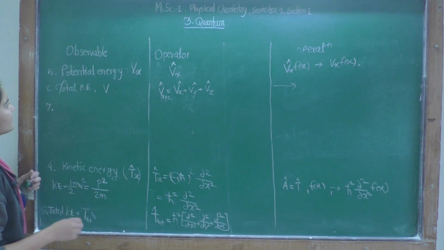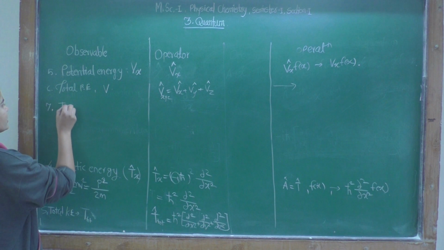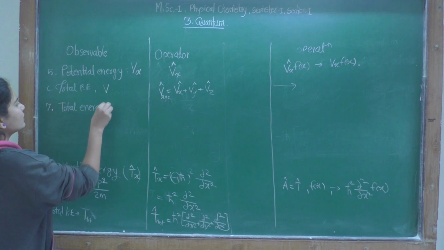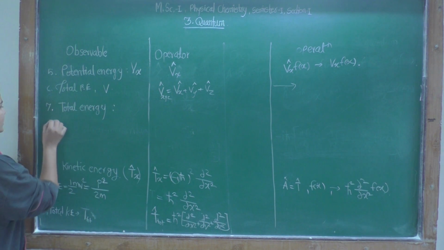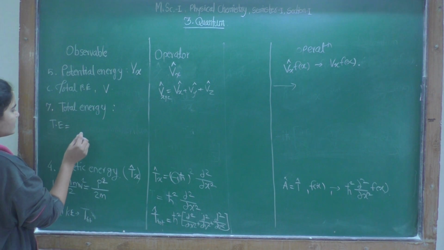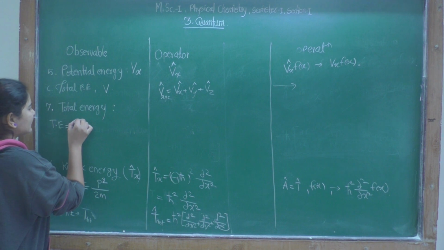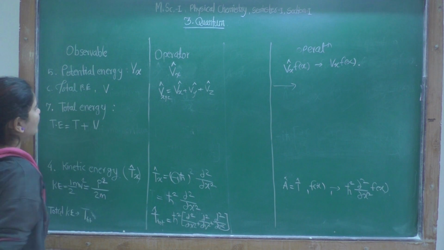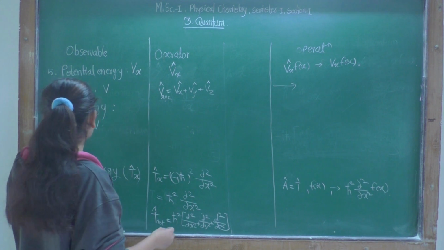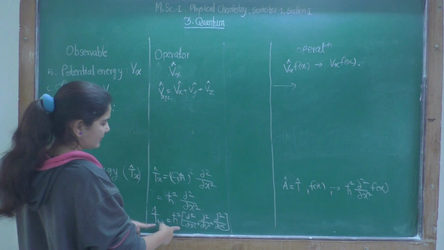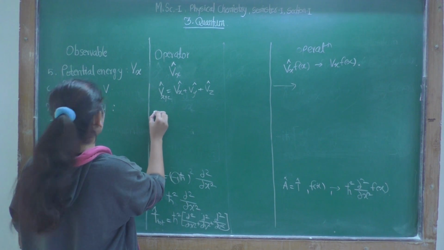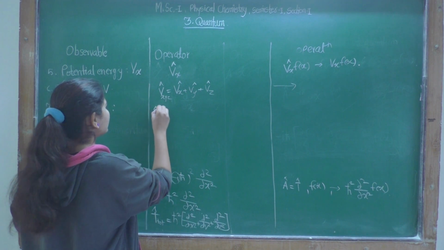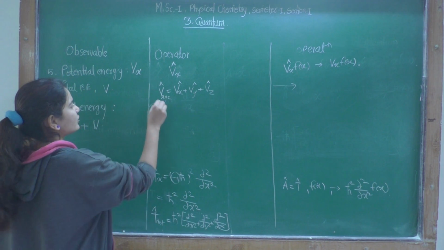Another operator is total energy. What is total energy? It can be denoted as total energy equals kinetic energy plus potential energy. The symbol is Hamiltonian, H cap.